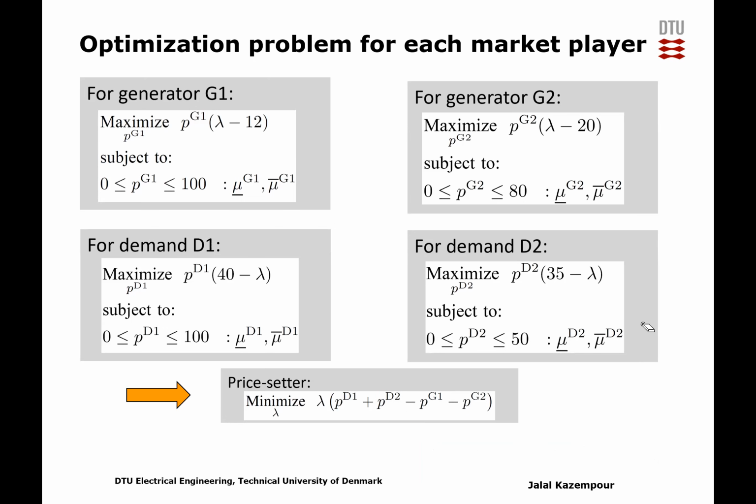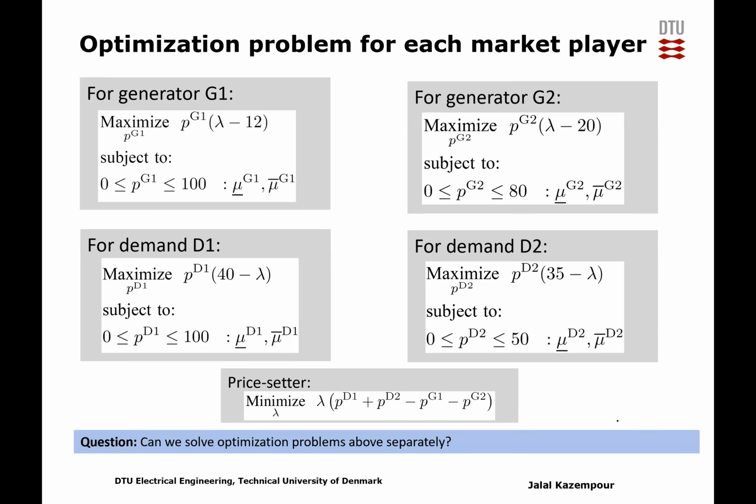So if you agree, I included the fifth optimization problem for the price setter, and this is the optimization problem. So this is the question that you can answer. Can we solve these five optimization problems separately? So Nikolaus says no. Nuran says no. Raquel, no. Eric, no. Yeah, exactly.